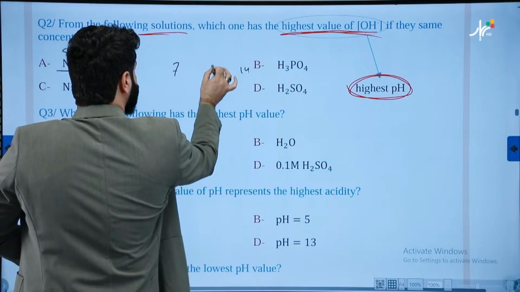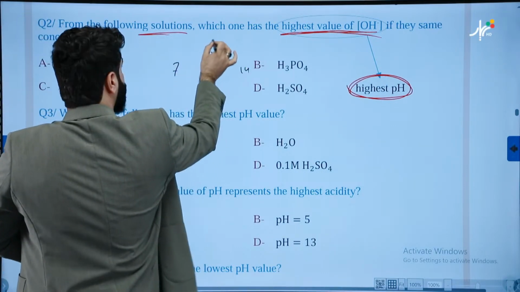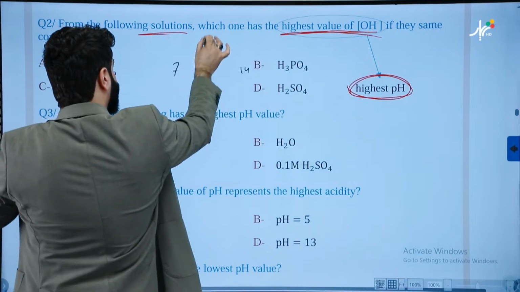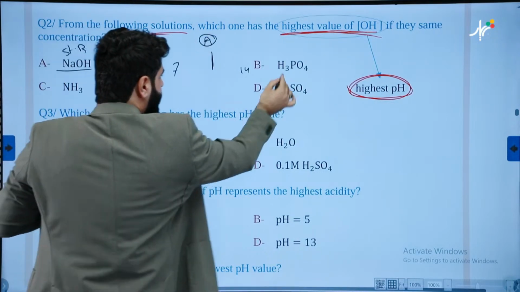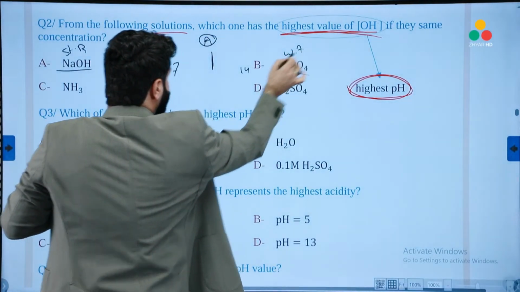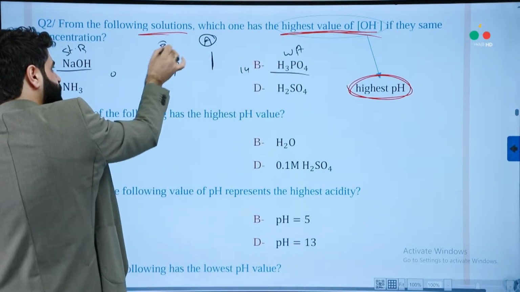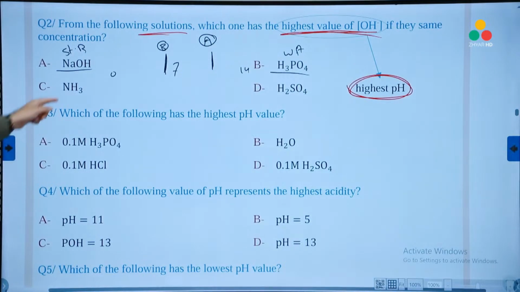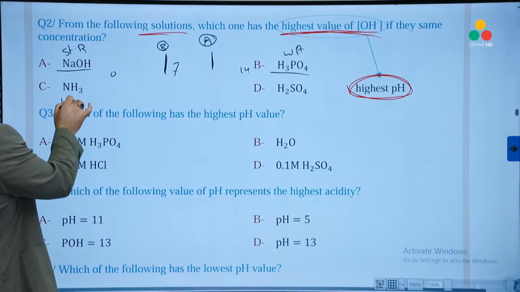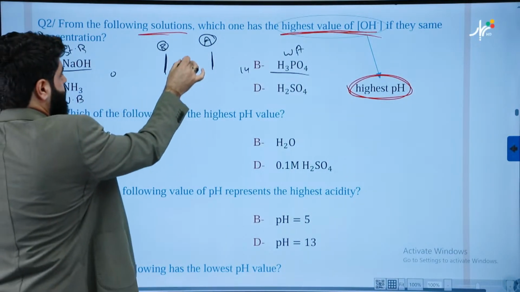It has 1 OH, so it must be here. Strong base. Okay, A. Then H3PO4, weak acid. Weak acid, it's here. B. How about NH3? NH3, it's a weak base. Weak bases are here. This is B.